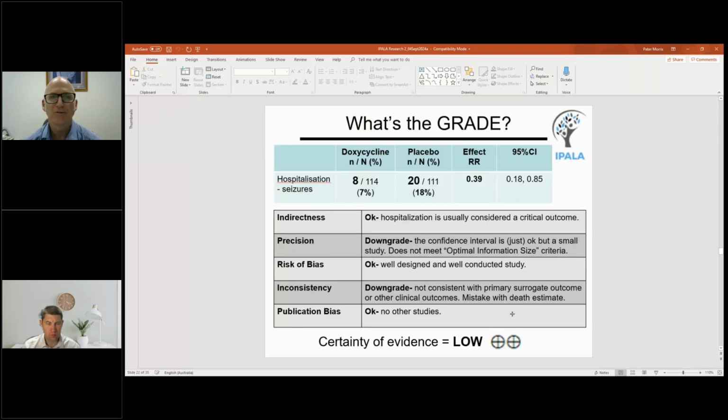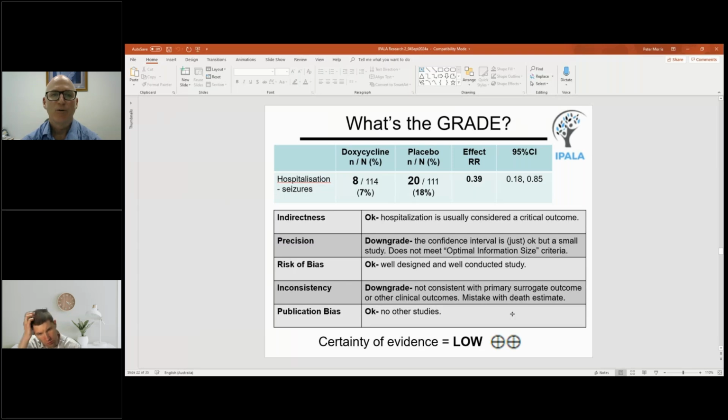So here are the results. 7% of the children, out of 120 originally, but they had data on 114, were admitted to hospital with seizures, and in the placebo group it was 18%. So there appears to be a large relative risk reduction, relative risk of 0.39, a number needed to treat of 10.